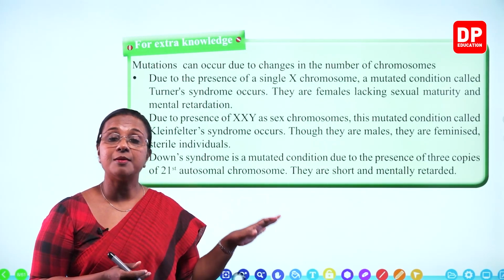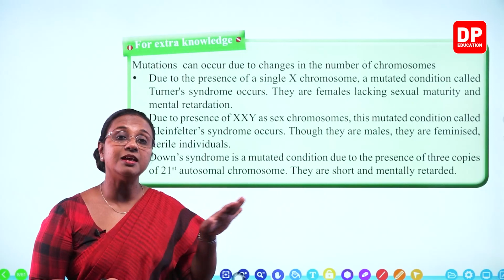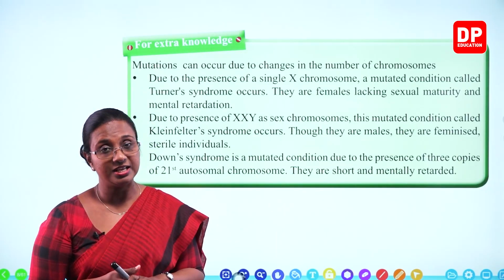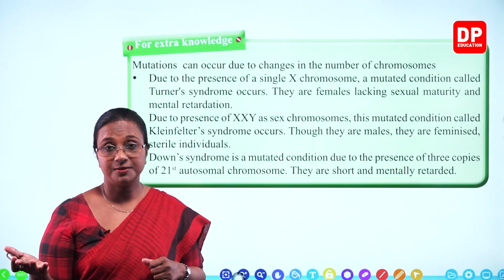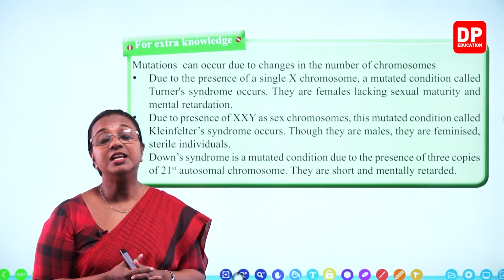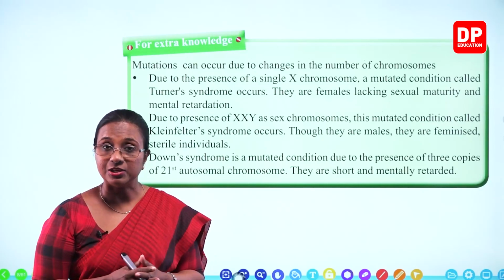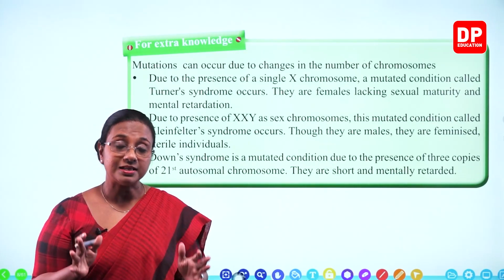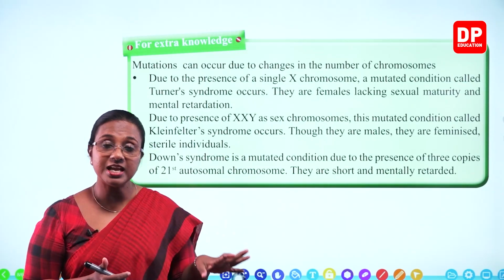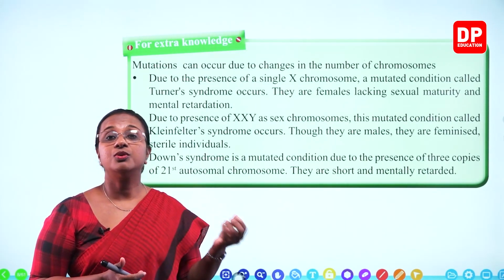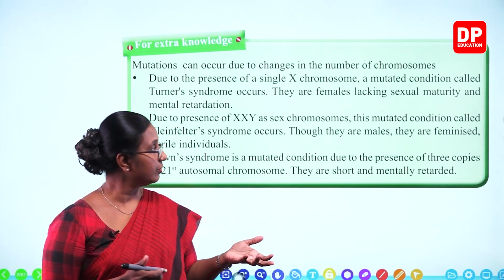Because of that, the number of chromosomes is maintained from generation to generation. We have discussed this when we discussed cell division, and you are also familiar with DNA and RNA. But due to some reason, if the number of chromosomes changes, then that also leads to mutation.